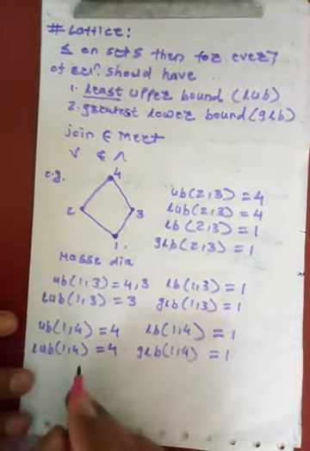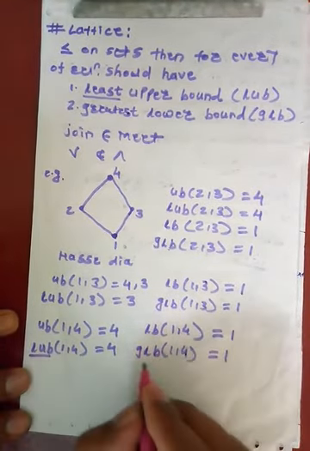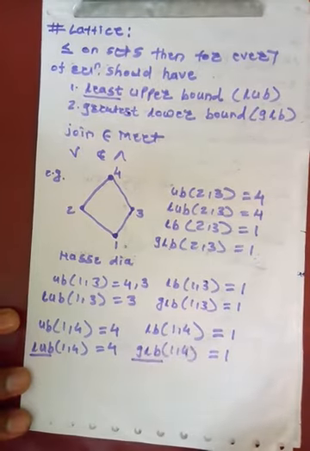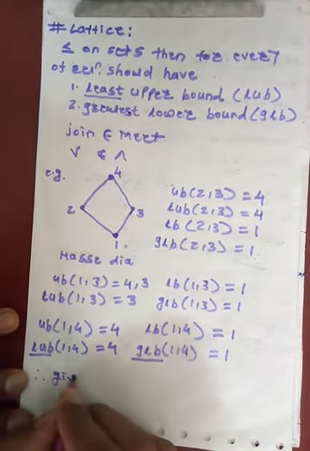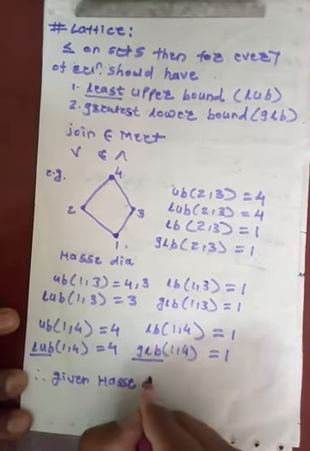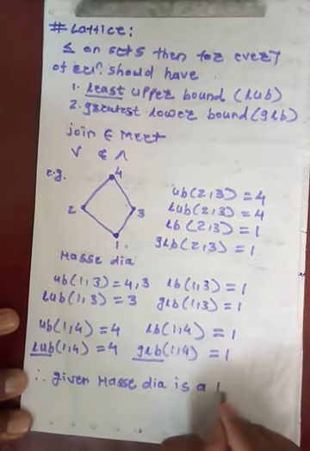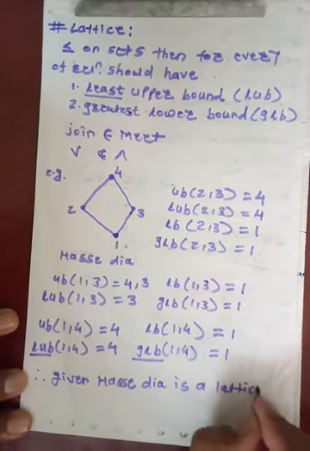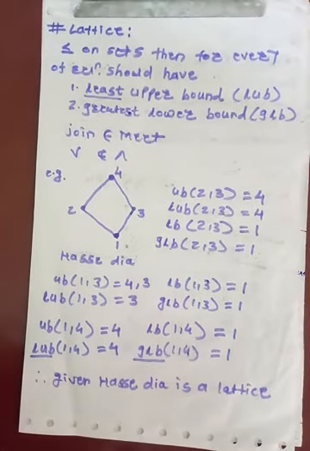For every pair there is a least upper bound and greatest lower bound. Therefore the given Hasse diagram is a lattice.